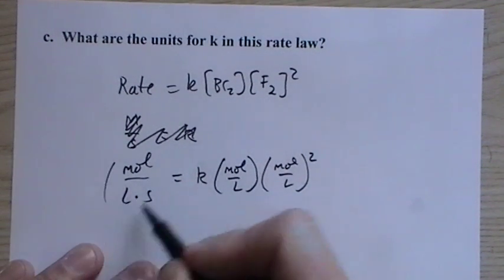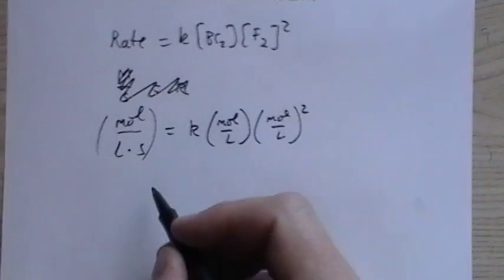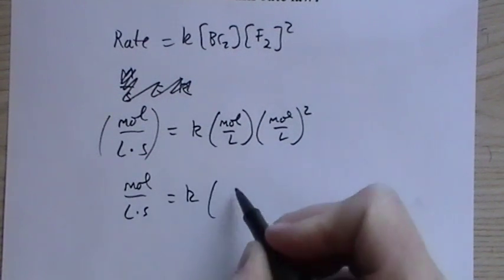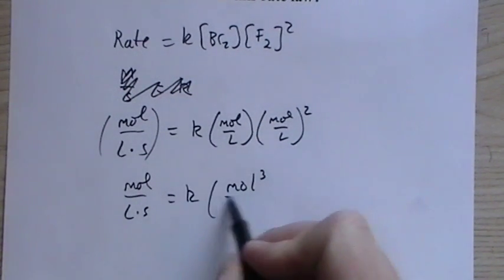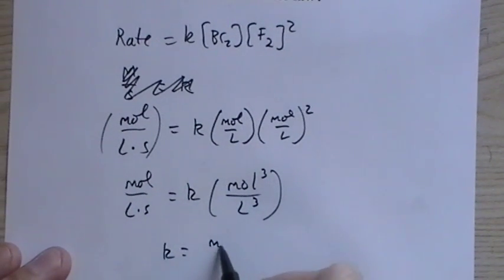So we can just put in the units. That's a very common thing to do, and find the units of K. So what you do, moles per liter per second, K, and this is going to be moles cubed over liters cubed. Then K is going to be moles per liter per second.